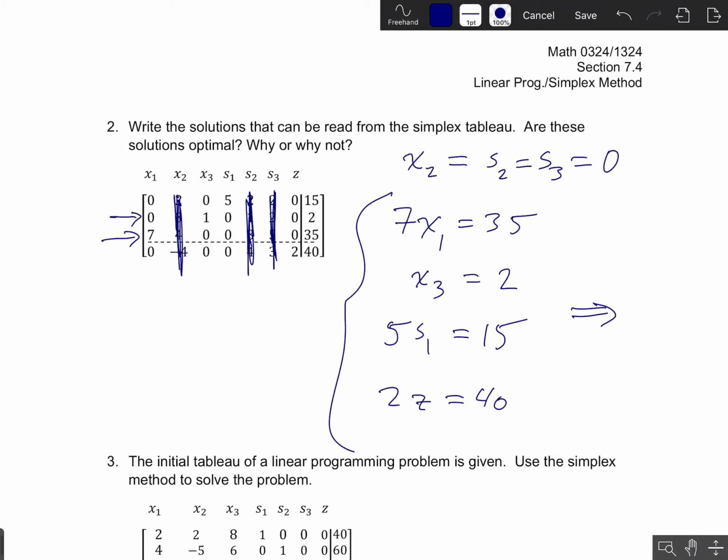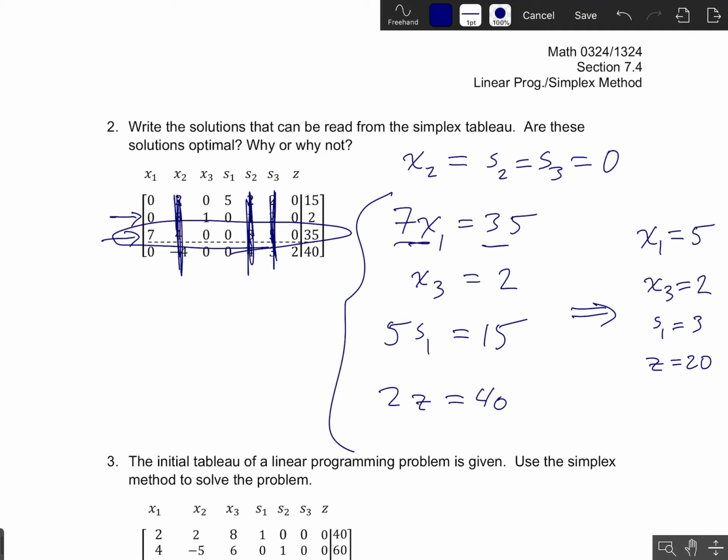I'm okay with that. For example, instead of writing 7x1 equals 35, I would be okay with you just immediately writing that x1 is equal to 5, if you can see that by staring at this row. You could just divide that entire row by 7 to get the appropriate x1 value. Here we have x3 is equal to 2, s1 is equal to 3, and z is equal to 20.